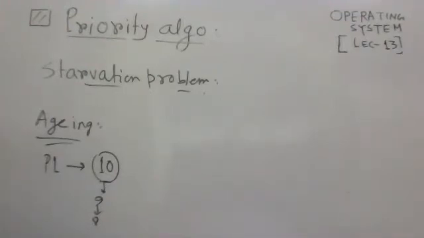We have already seen FCFS, a pure non-preemptive algorithm, but in SJF we have non-preemptive and preemptive modes. And in case of priority algorithm, here we also have non-preemptive and preemptive modes. And now we have another algorithm, the round robin algorithm, which is a pure preemptive algorithm.